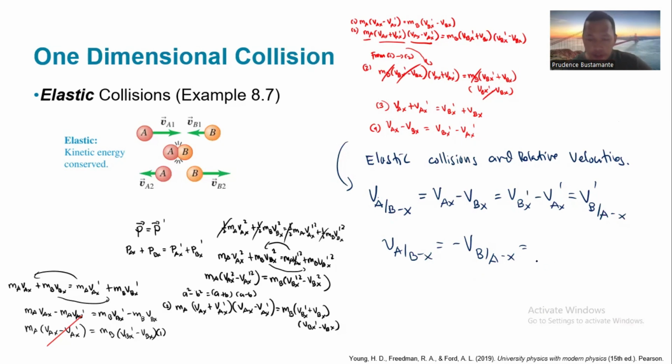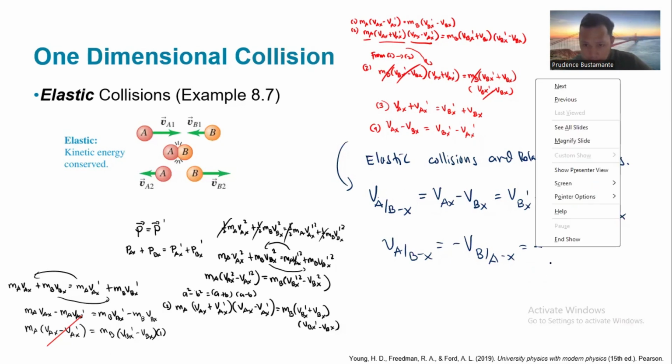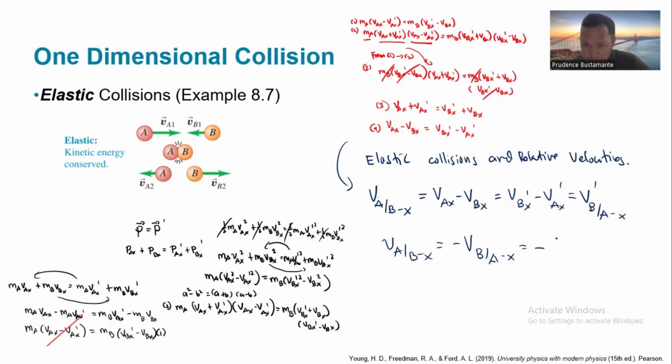From this equation 4, we know that this one is equal to the negative velocity of B with respect to A, which will become VBX minus VAX.